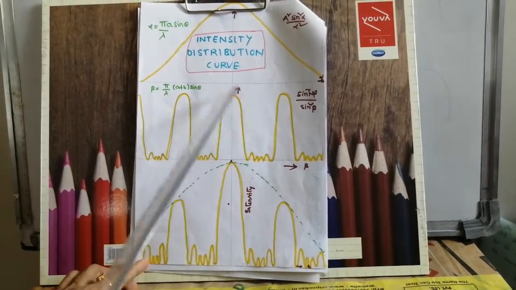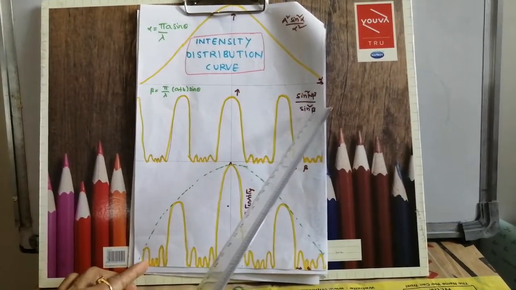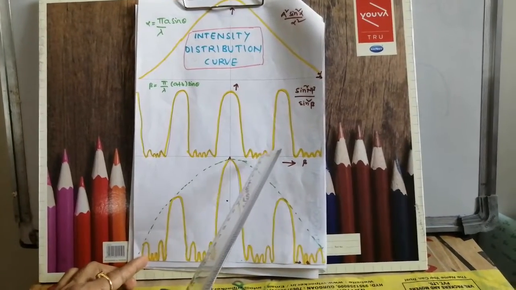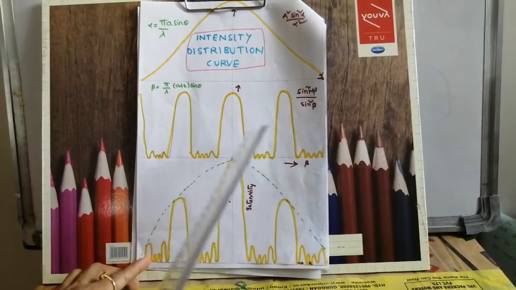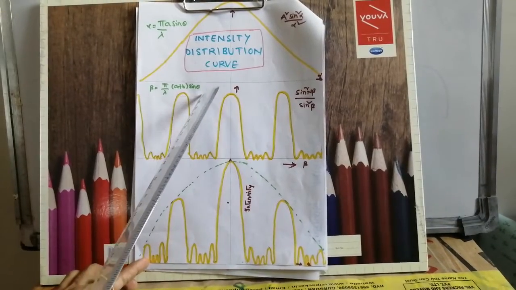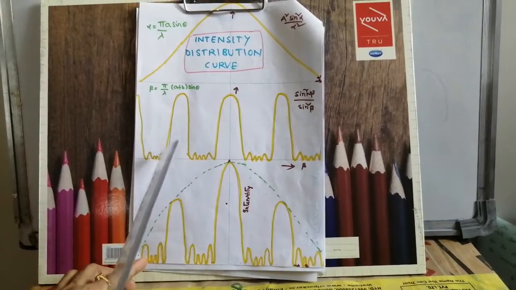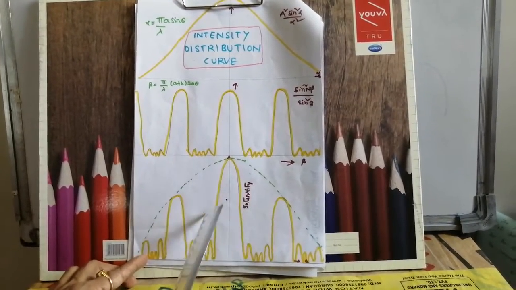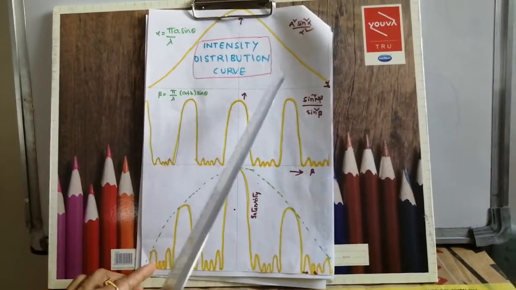Principal maxima are of the same intensity in this curve, and these are minima. Then these small peaks are secondary maxima. Here beta equal to pi by lambda into a plus b sin theta. This curve is due to the single slit. This curve is due to interference. And to get the final intensity, we have to multiply these two.